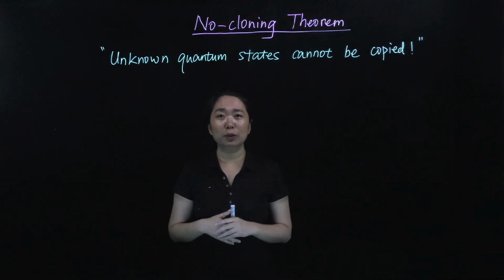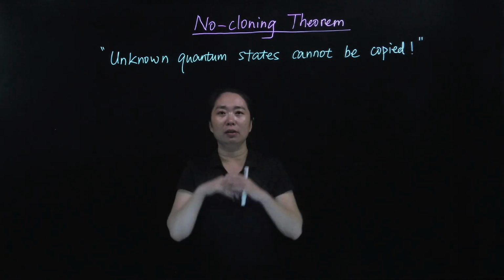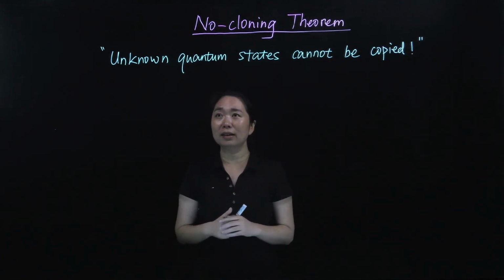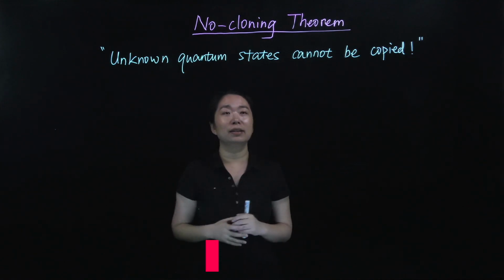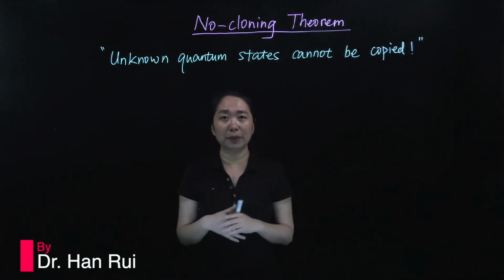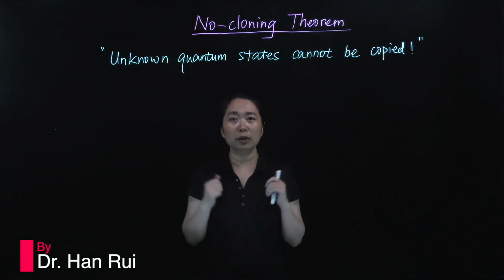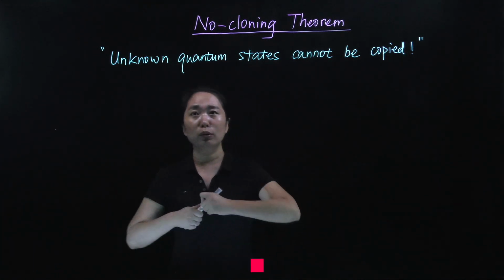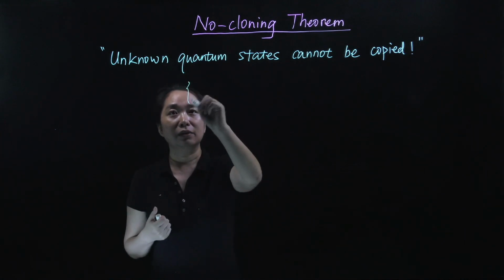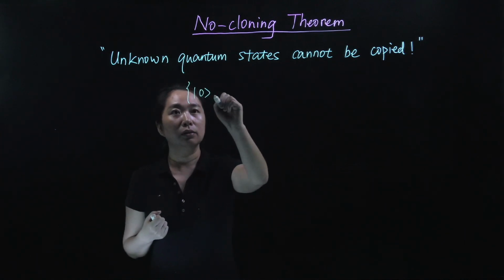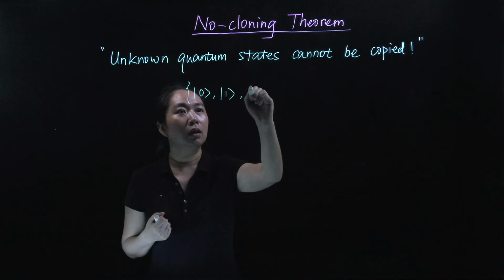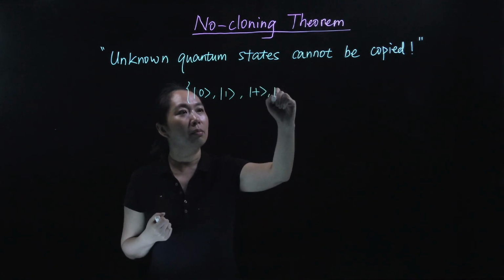Now we have shown you the proof of the no-cloning theorem, which states that unknown quantum states cannot be perfectly copied. And in the case of the superluminal communication, Bob would need to copy the set of states that is 0, 1, plus, and minus.